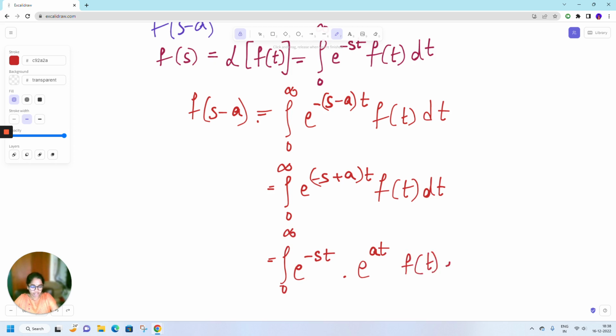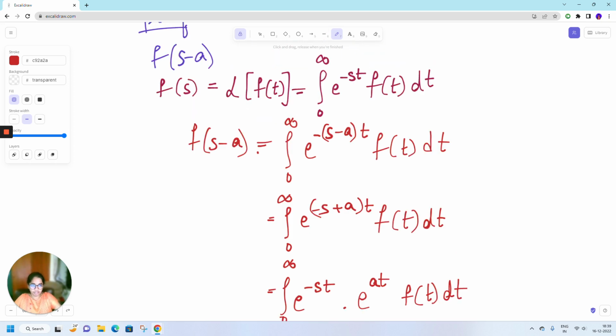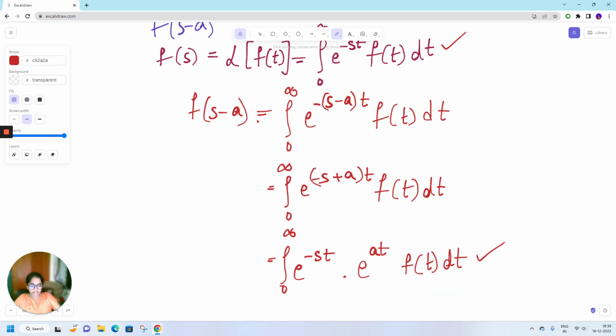So I have something like this. Observe the formula and observe this step. In place of f of t, I have e power at into f of t.